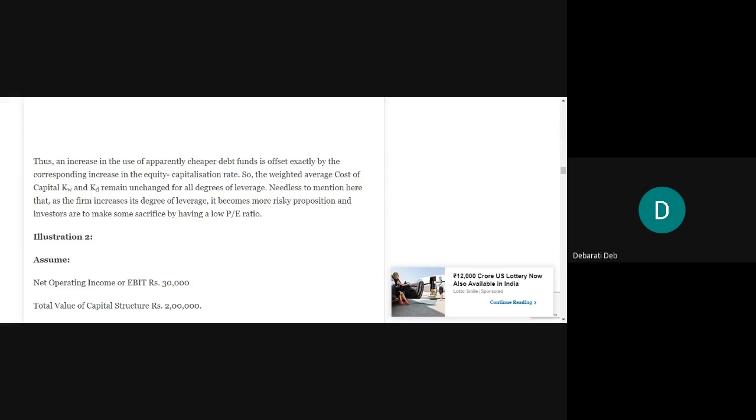An increase in the use of apparently cheaper debt funds. Suppose you want to increase the use of debt funds because it is apparently cheaper than the cost of equity. If you go on increasing the amount of debt, that means you are increasing the degree of leverage in the capital structure.